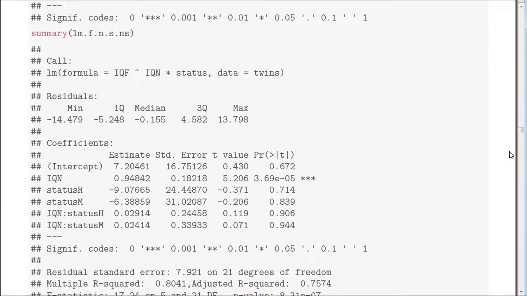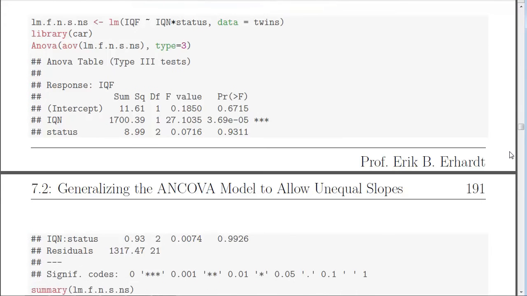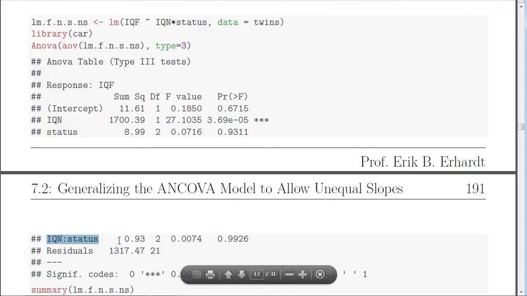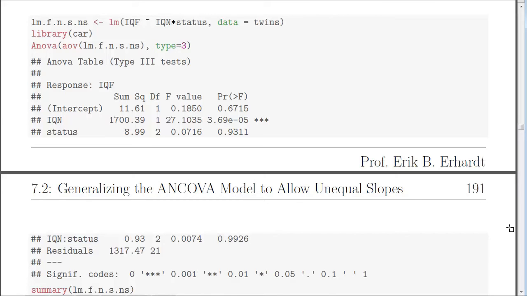That's the data, and we found when we fit the interaction model that the interaction term for whether there are differences in slope was not significant, which suggests that all three slopes are the same for the different status groups.